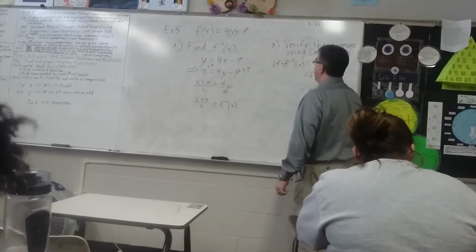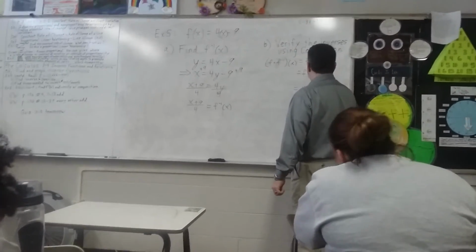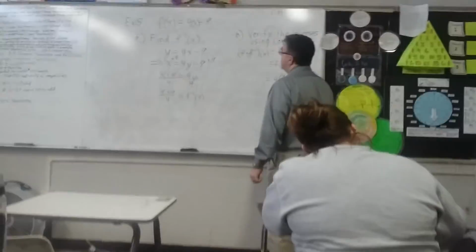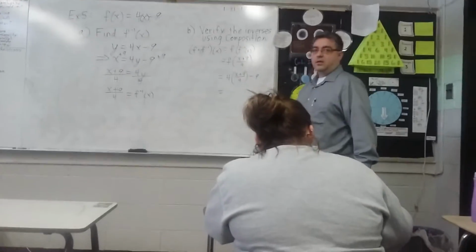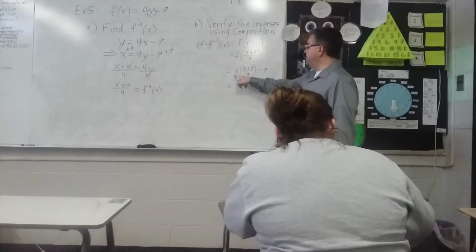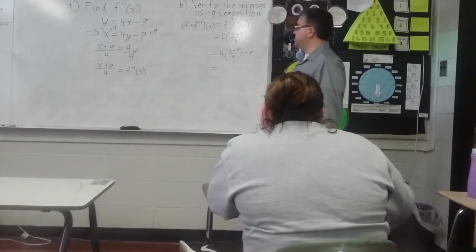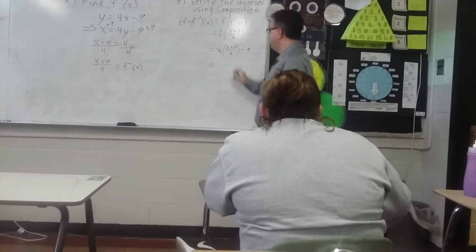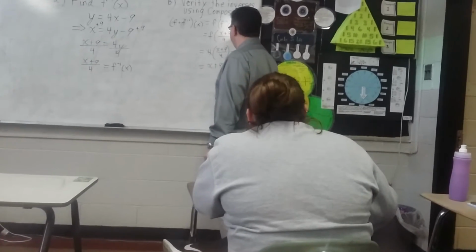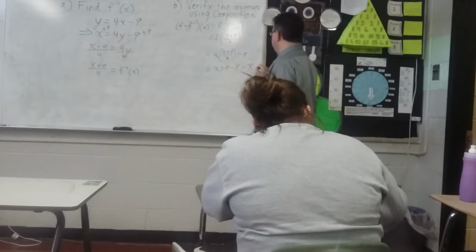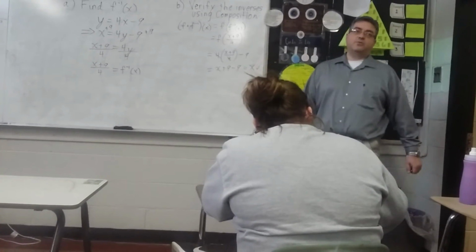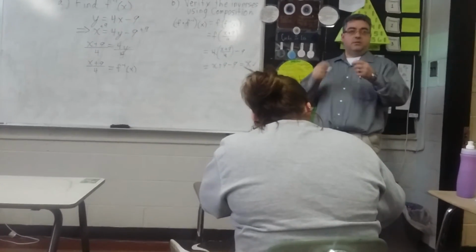So that's 4 times the quantity x plus 9 over 4 minus 9. Well, 4 on the top, 4 on the bottom, cancel each other. 4 divided by 4 is 1. Leaving me with x plus 9 minus 9. 9 minus 9 is 0, leaving me with x. So that direction works. Yes? Yep.